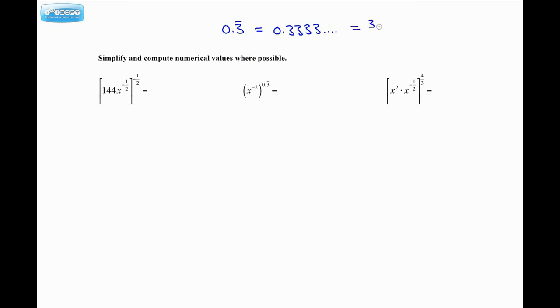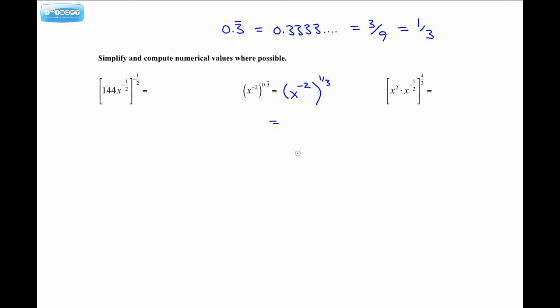Repeating decimals always come back to the number 9 in some way. And of course 3 over 9 is reducible. That's a third. So 1/3 as a decimal is 0.3 repeating. So I'm just going to rephrase the question like so.